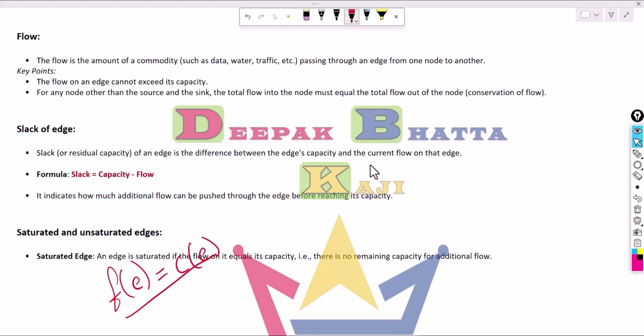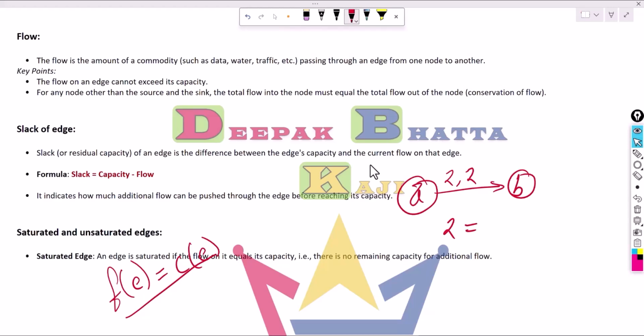So in the given question, if you have A as a node and B is also a node, and we have 2, 2. So 2 is our capacity and this other 2 is our flow. So the flow of the edge, that is 2, equals the capacity of the edge, that is 2.